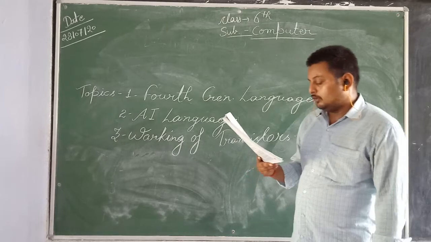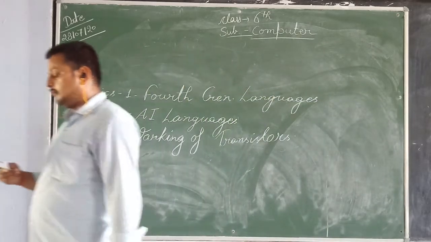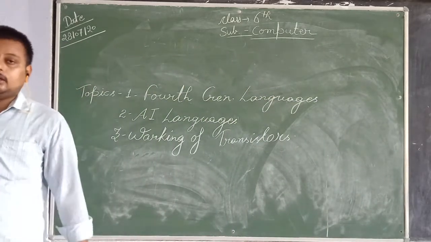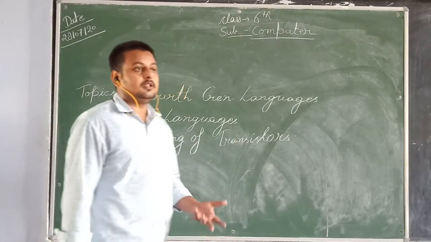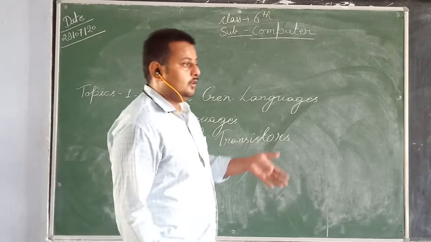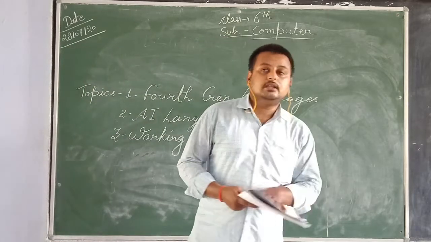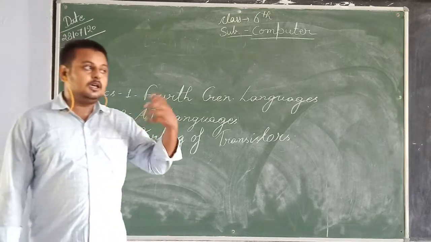Fifth generation languages are still at the experimental stage and are being developed for the future. They are not fully developed, just as the fifth generation of computers is not fully developed. The work is still in process, and the fifth generation of language is also under development.